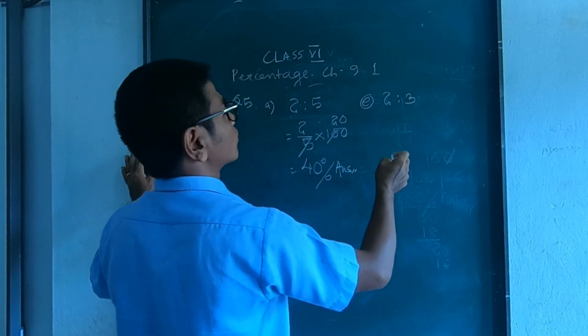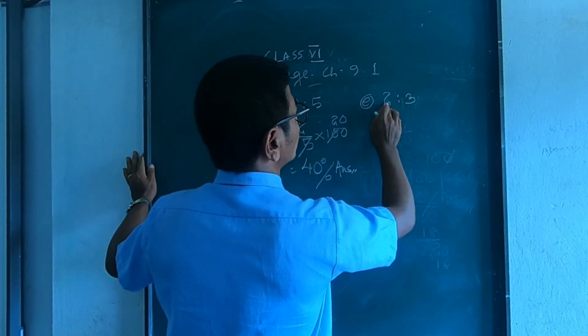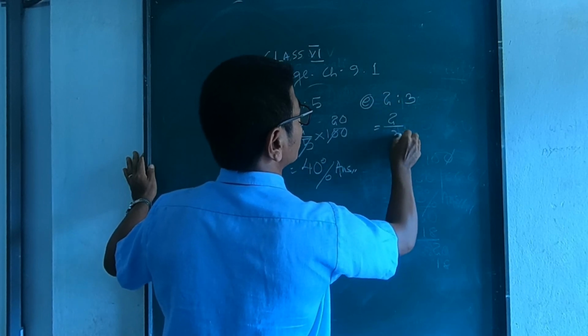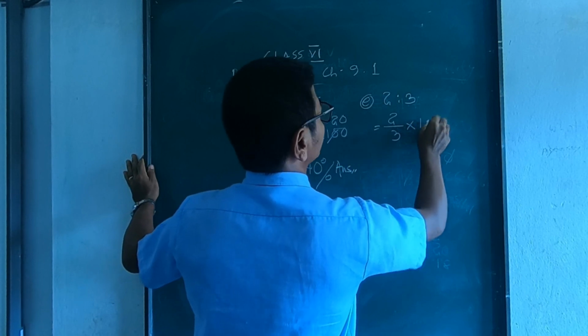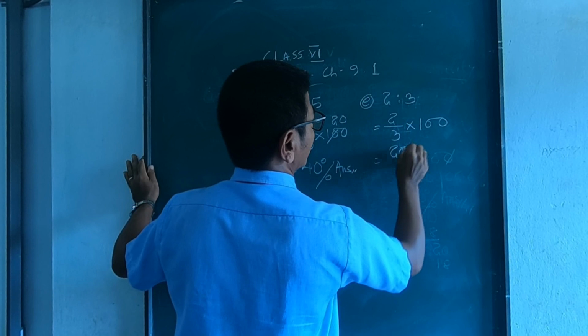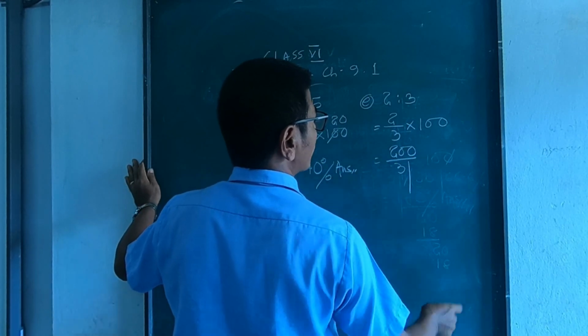Here we go further to the next sum. 2:3 means 2 by 3. Make it a percentage, which is 200 by 3. You go and divide.